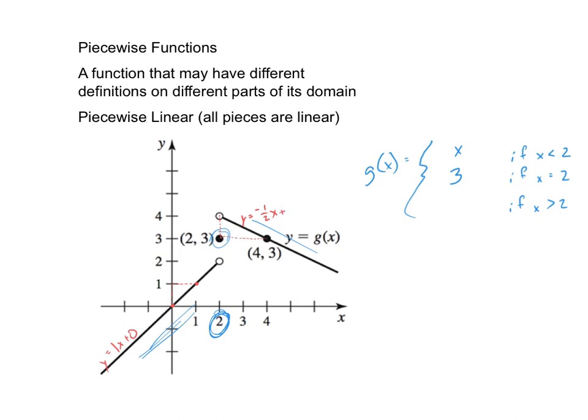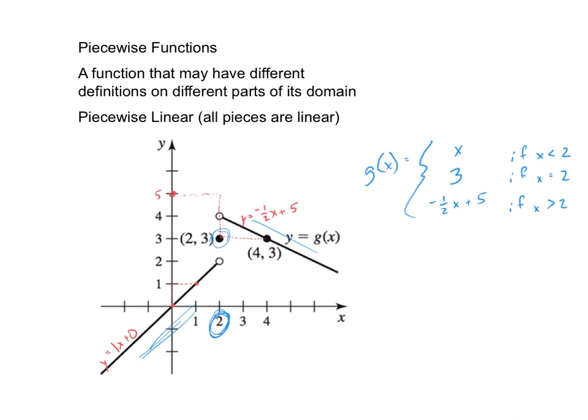So y equals negative 1/2 x plus, I don't know what number, but how about I go up 1, back 2. I'm right there at 5. So y equals negative 1/2 x plus 5. And that's this last branch of my function.